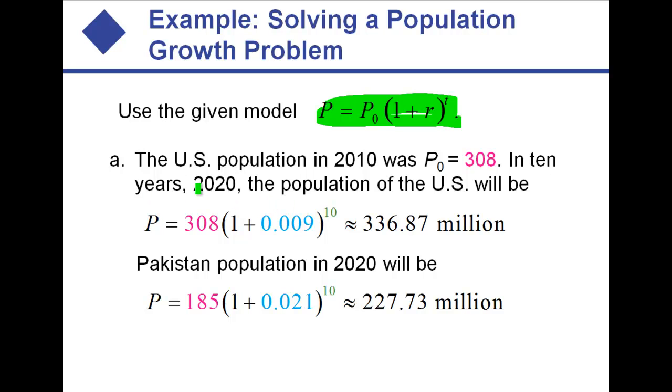In 10 years, in 2020, the population will be the initial amount, there's our R, and then T is 10 because this number 308 comes from 2010. So that means T sub 0 is 2010, right? This is T equals 0. So this becomes T equals 10. And we get a simple answer there.